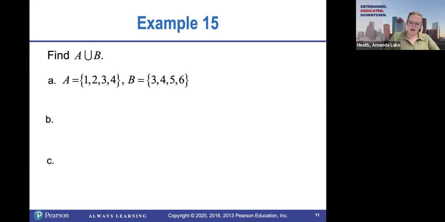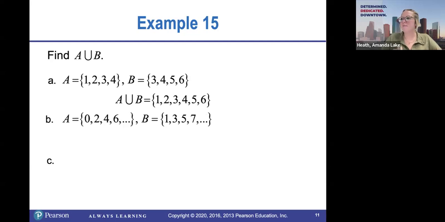Okay, so if we look across these same examples and now think about the union, we're just going to be stringing together all of the elements of both A and B. So in the first set, we have 1, 2, 3, 4. In the second set, we have 3, 4, 5, 6. And remembering that we don't repeat elements in a set, we'll have 1, 2, 3, 4, 5, 6 in the union. So all of A and then all of B put together.